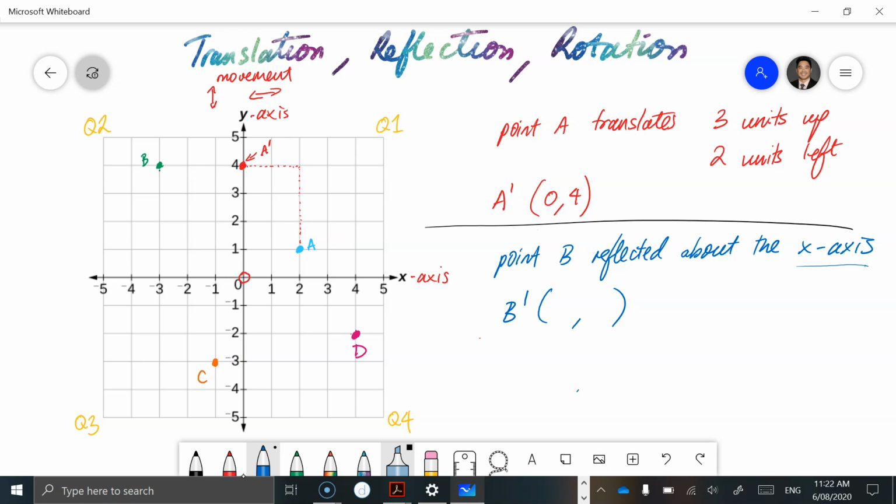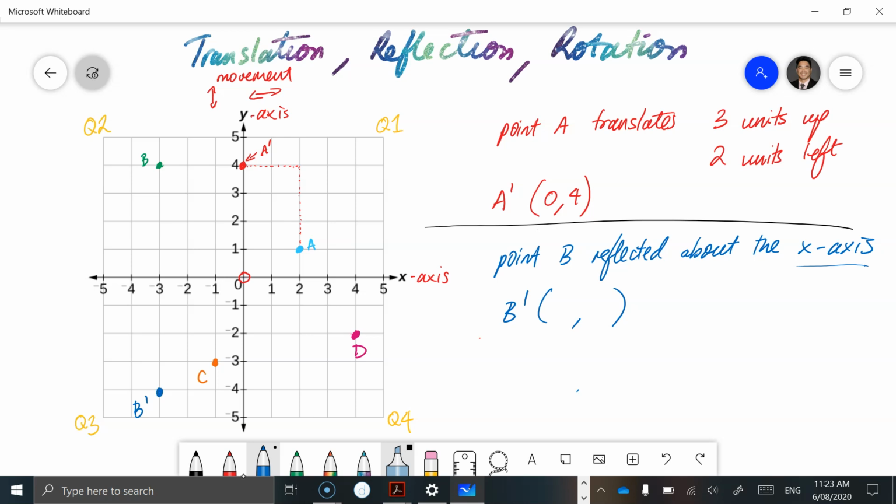Now we have 1, 2, 3, 4 spots, which means the reflection is going to be 1, 2, 3, 4 spots on the other side. That should be the point where it's been reflected, using the x-axis as a mirror.